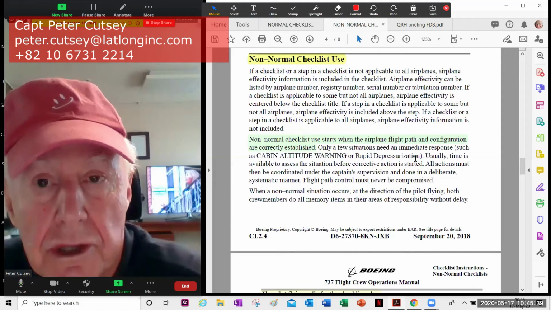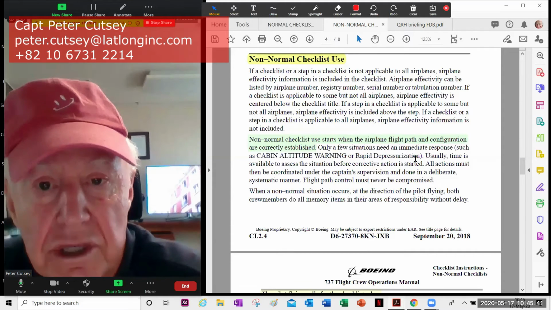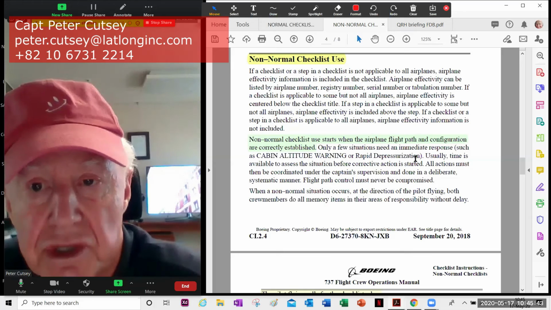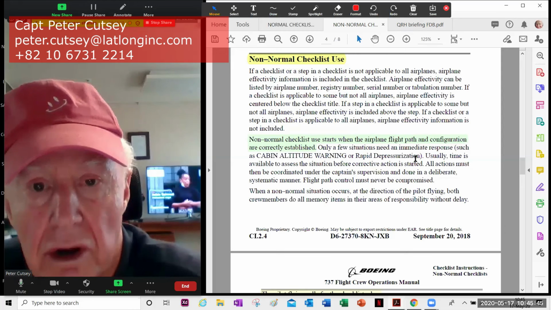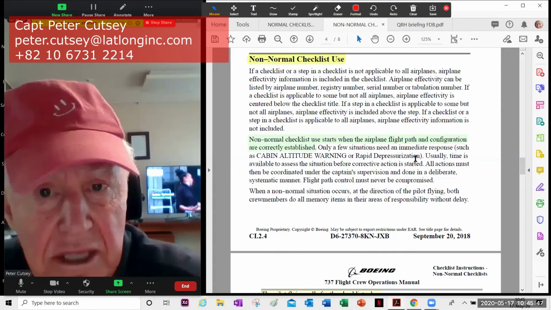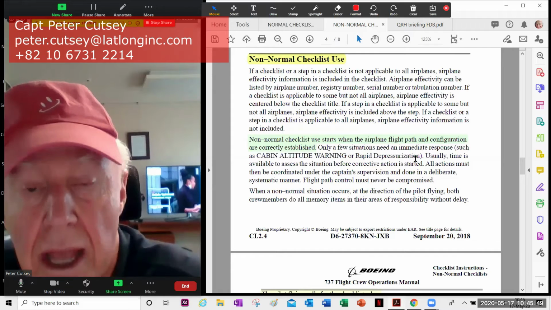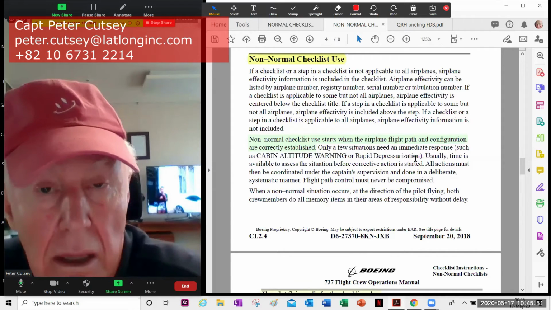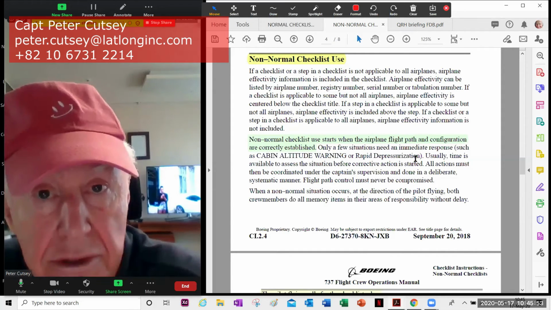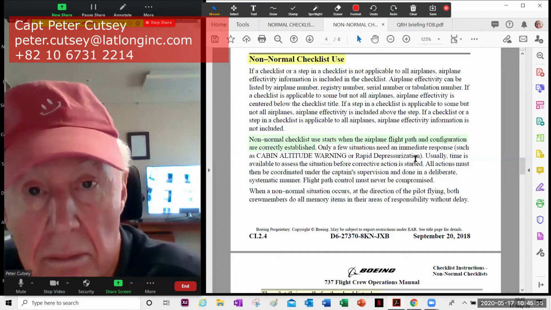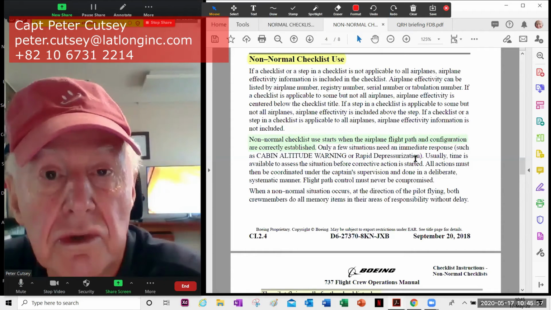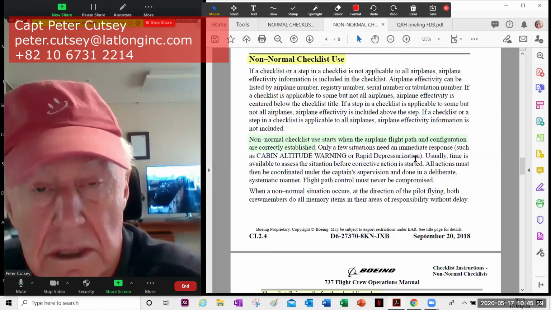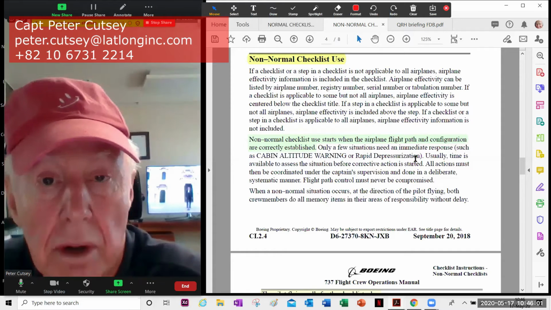Non-normal checklist use. If a checklist or step in a checklist is not applicable to all airplanes, airplane effectivity information is included. Now, you will find that many carriers today use Boeing's OPT, Operational Performance Tool.